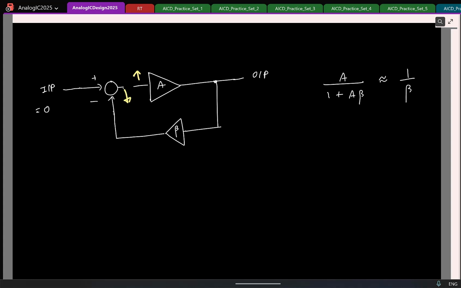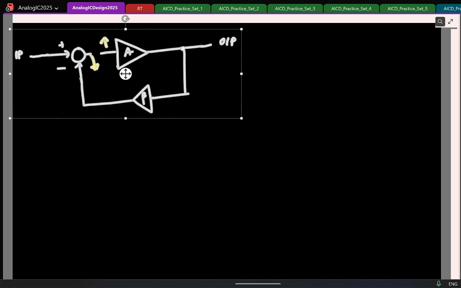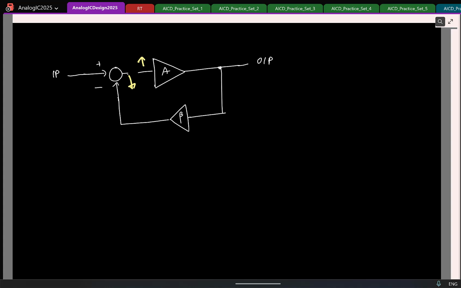Okay, so before we move on, I want to make some pointers or conclusions on negative feedback. So let me take this model again. So this is your negative feedback.